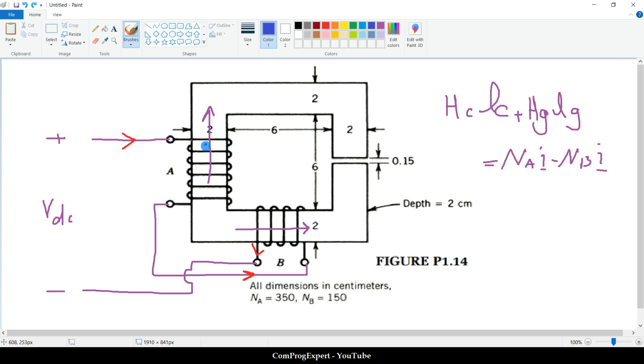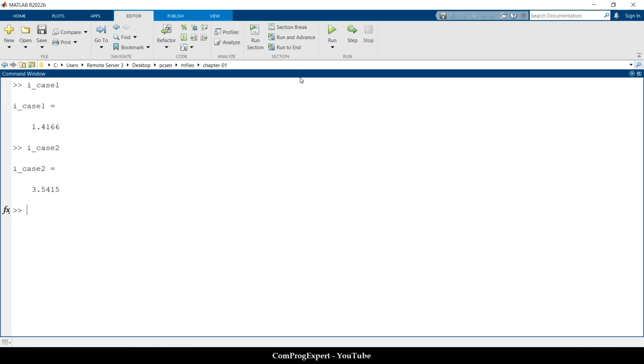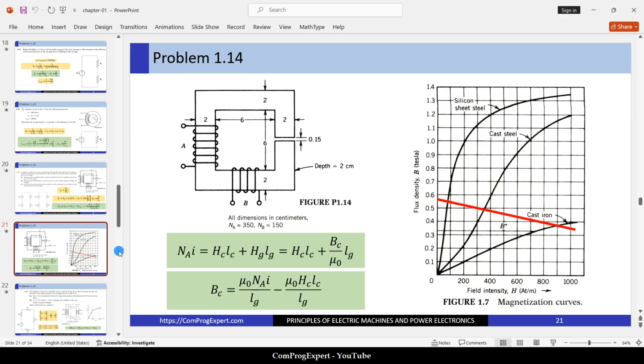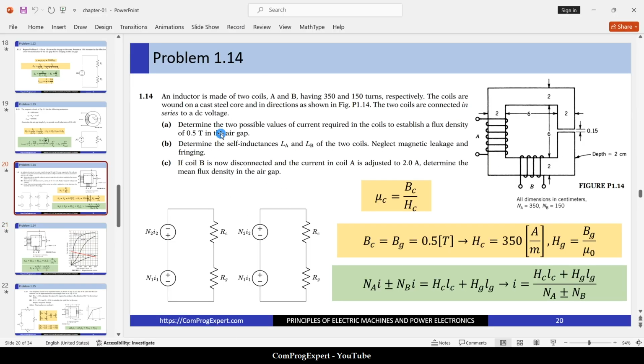So in this case, we need more current for the phase A to overcome the field generated by the phase B and construct 0.5 Tesla in air gap. So this is the solution of the part A.